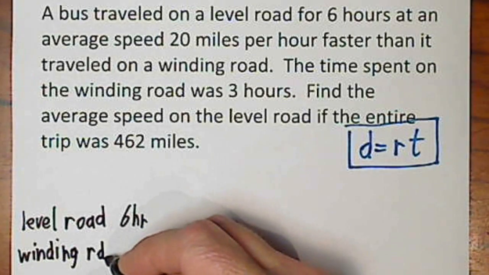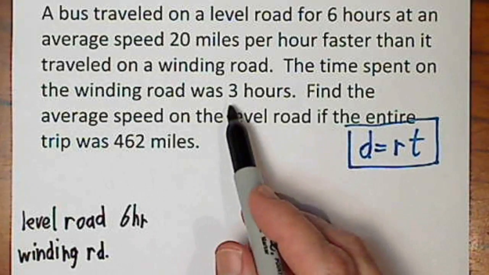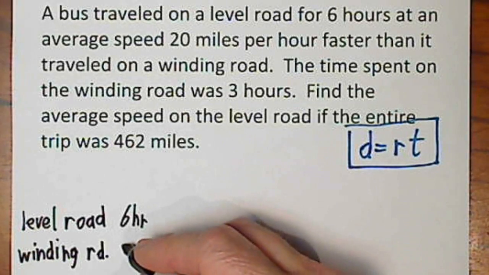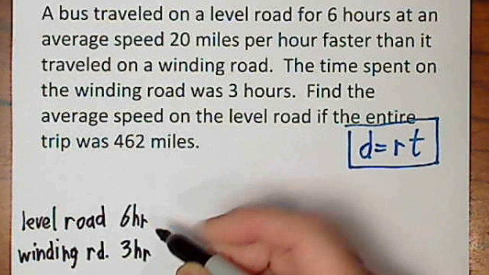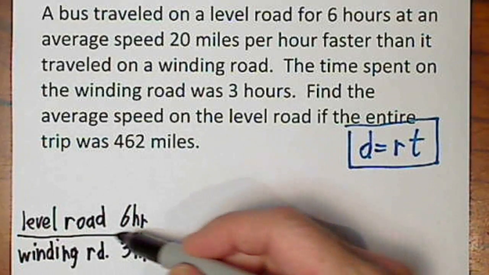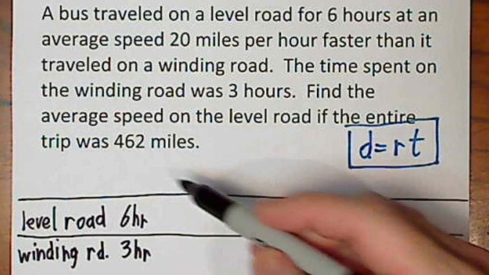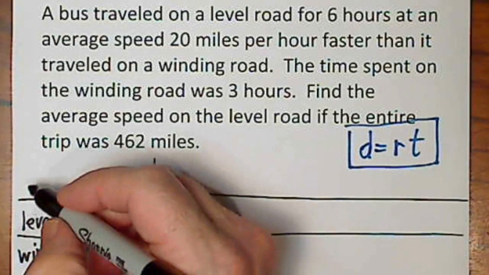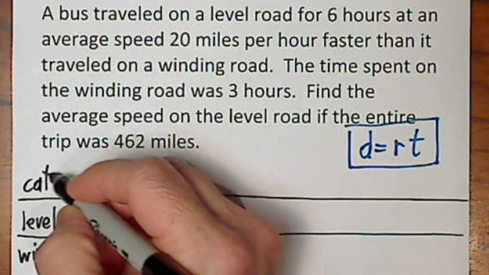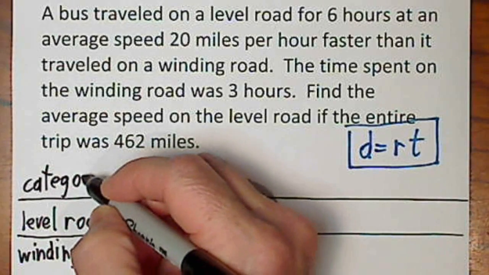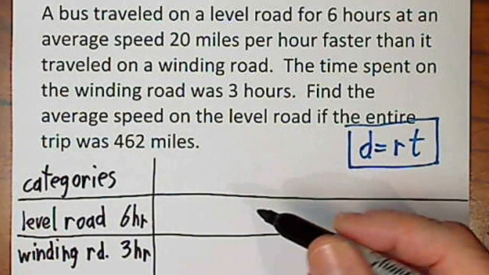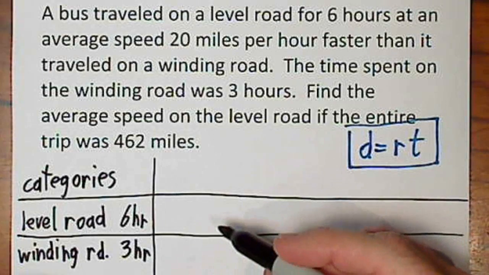And we have a winding road. I'm just going to put RD for road. And that was 3 hours worth of driving. Alright, so we have our categories. And we want to get some variables in here.